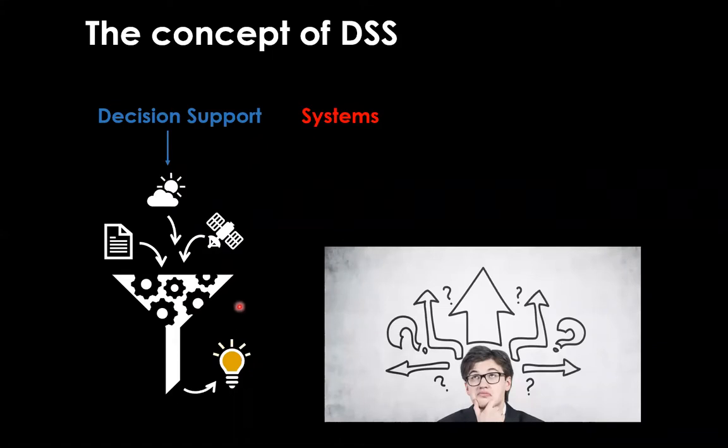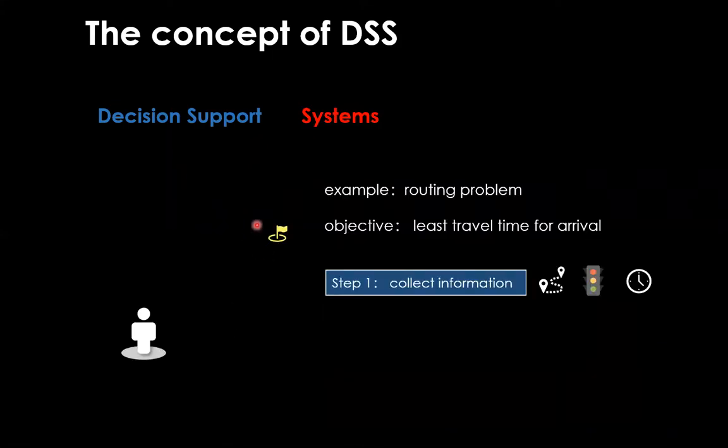Here I want to show a routing problem as a simple example. In this example, we have a person who wants to reach the destination where the yellow flag is located, and he or she needs some advice about the path to choose. Assuming our criterion for recommending a path is that the travel time be as short as possible.